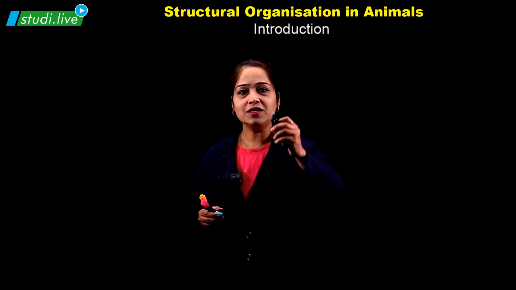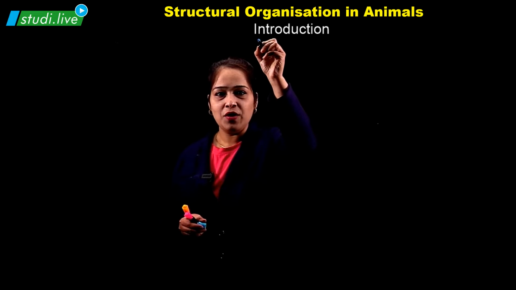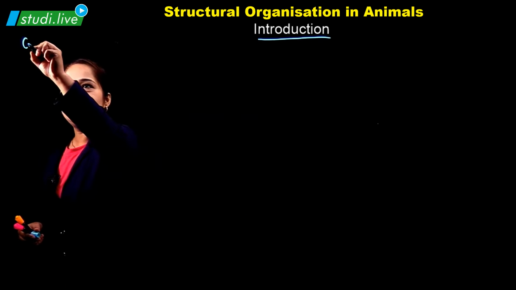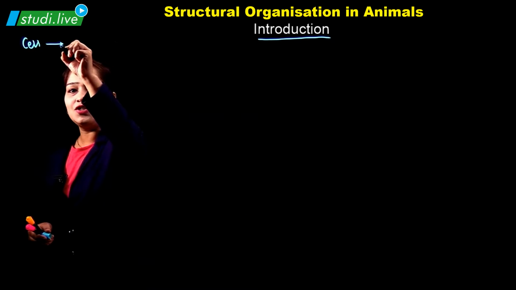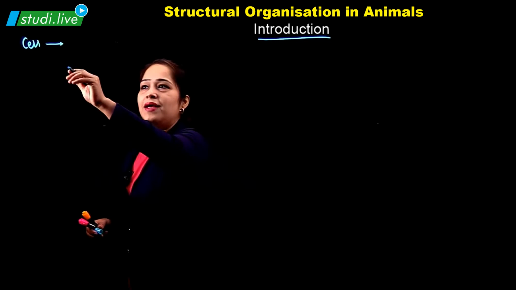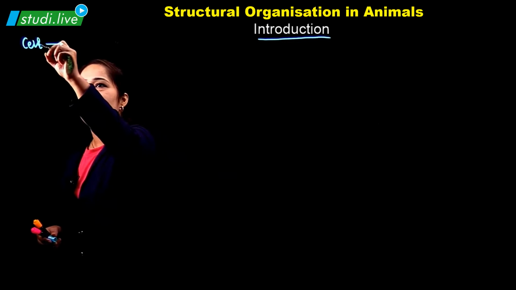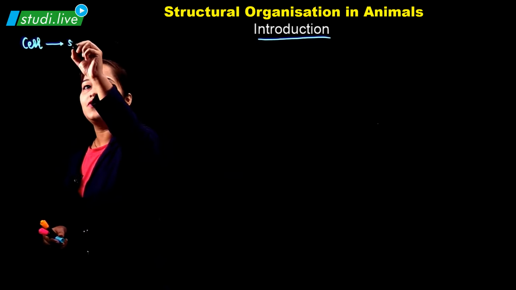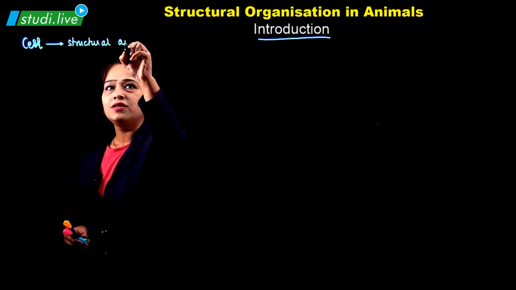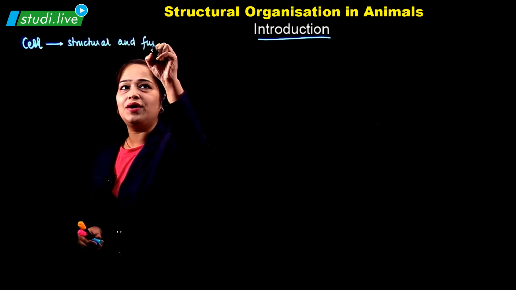First, in this introduction, we are going to see the basic structural and functional unit of life, which is the cell. Structural organization in animals is formed by the basic structure, the cell, called the structural and functional unit of life.